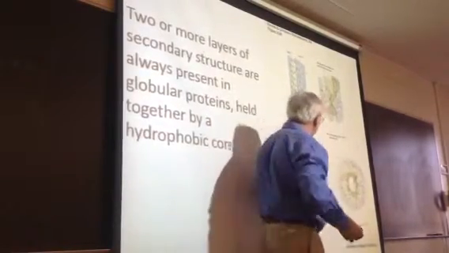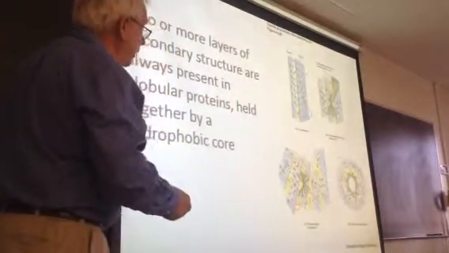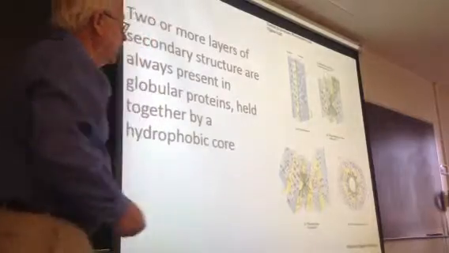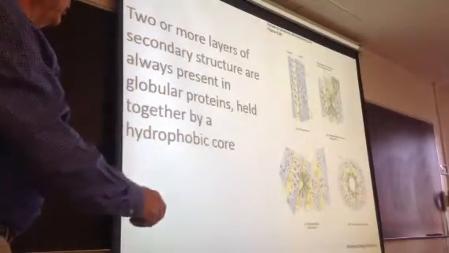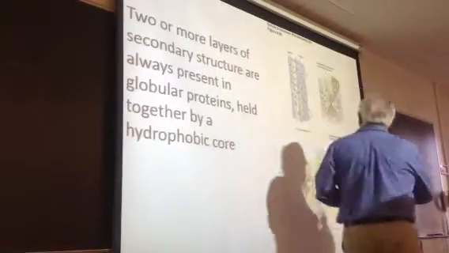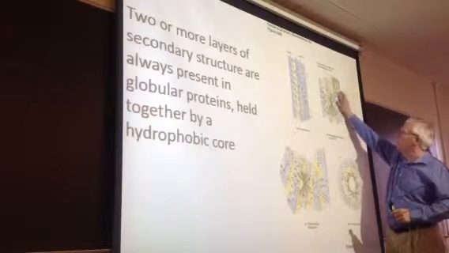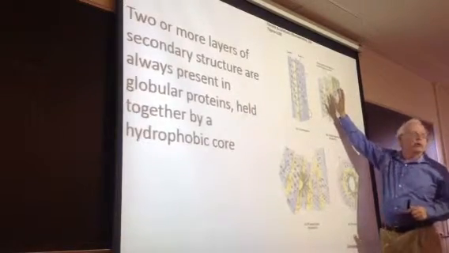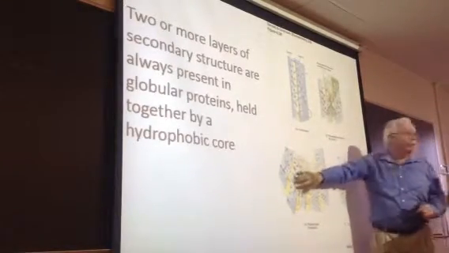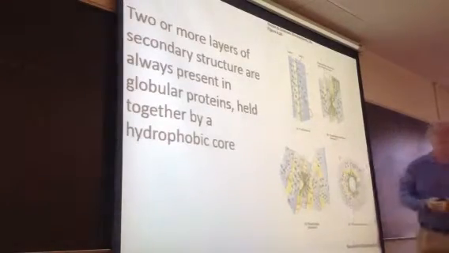Sometimes 3 layers, sometimes very complicated multi-layer proteins. Stuff on the outside is mostly polar, although not exclusively. Sometimes you see hydrophobic groups scattered on the outside too, but a lot of polar on the outside. The rule you can say with certainty is the stuff in the center, the R groups are never polar, they're always hydrophobic in the center.